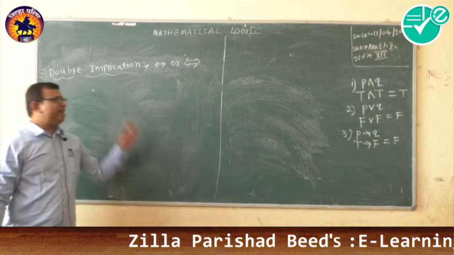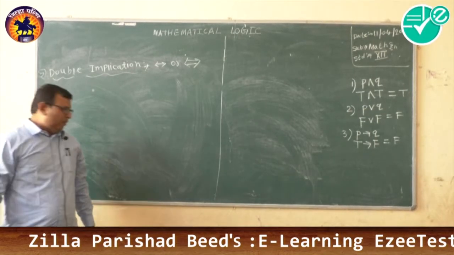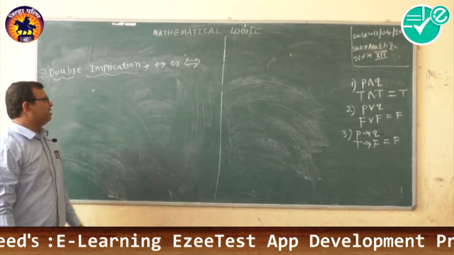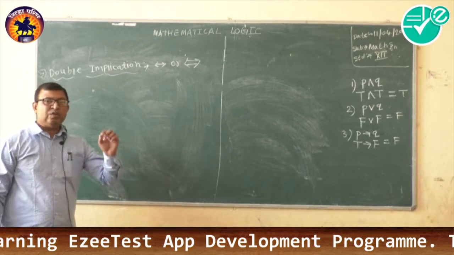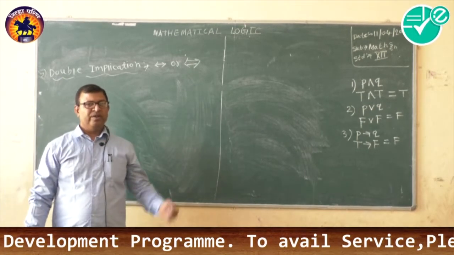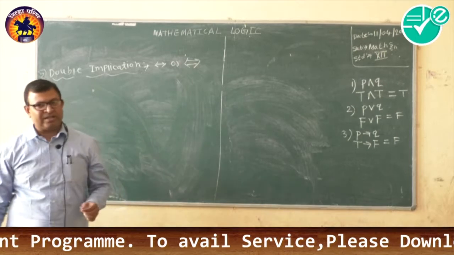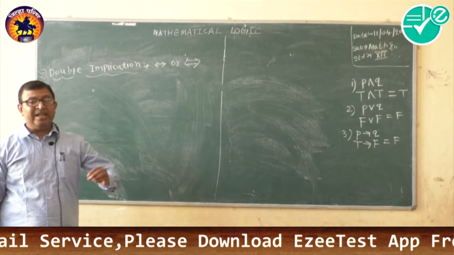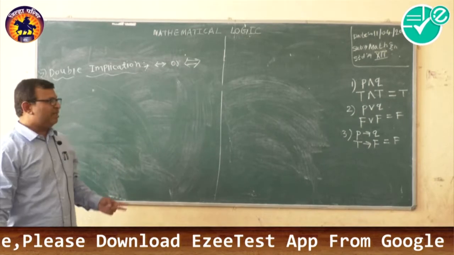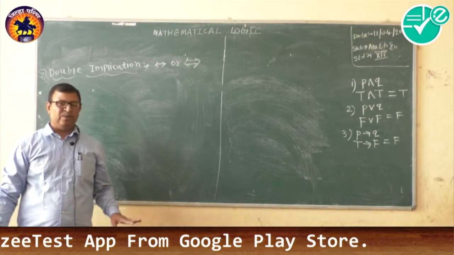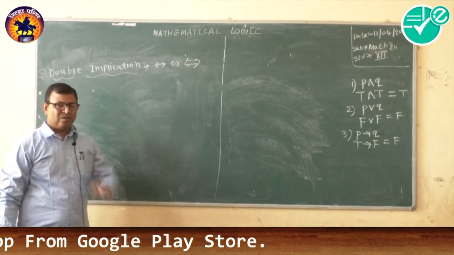How can we define double implication? Double implication can be defined such that if P is true and Q is true, or P is false and Q is false, then and then only it is true. That means if P and Q both have the same truth value, then it is true.